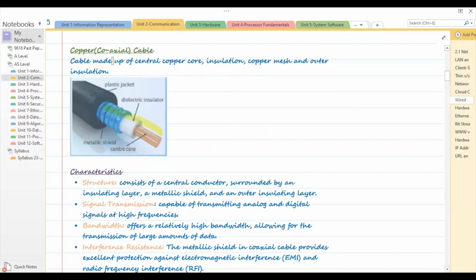Okay. So this cable is made up of a central copper core. If you see the center one, this is the central copper cable. Insulation, copper mesh, and outer insulation. So the center core is protected by insulation, then there is a mesh, and then there is an outer plastic jacket, right?